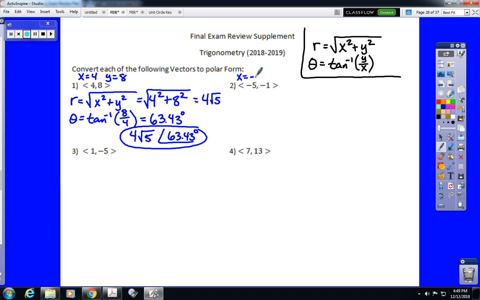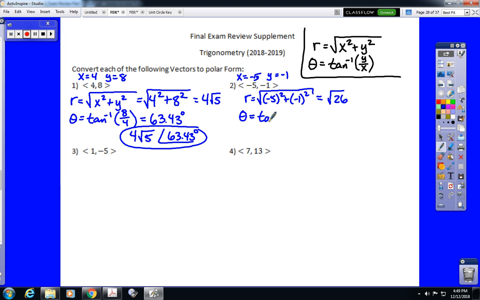So x is negative 5, y is negative 1. r is the square root of x squared plus y squared. When you feed that to the calculator, make sure you're putting parentheses around those numbers so that you don't screw up. That would be the square root of 26.